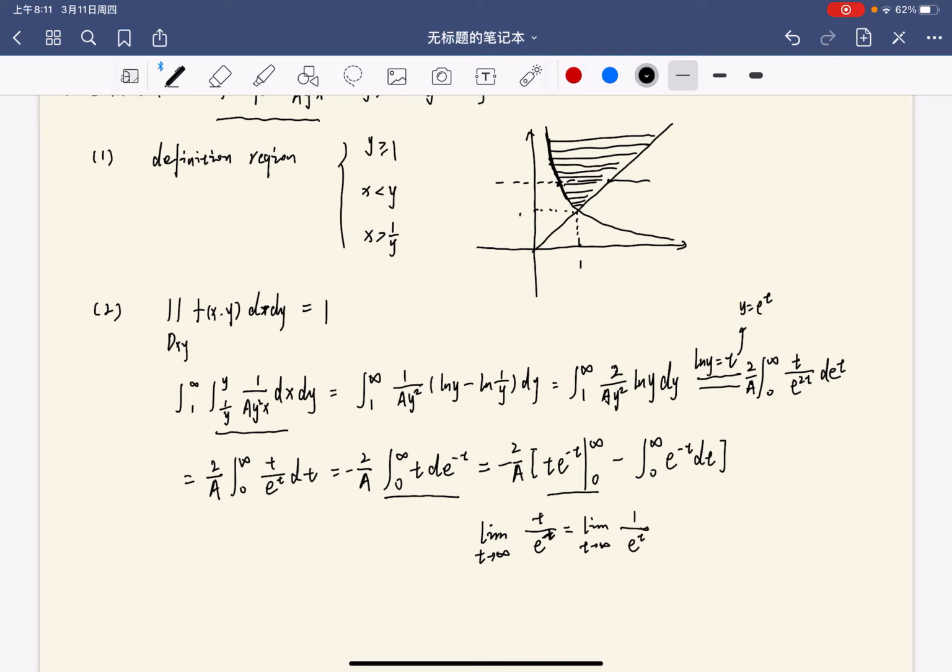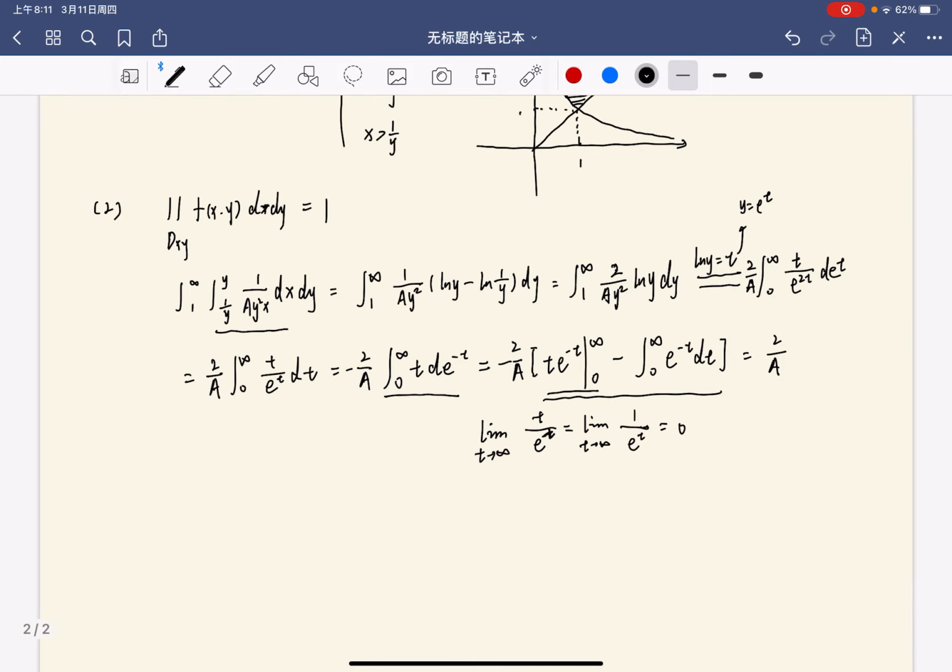In this form, we can find that it equals 0. So this part equals 2 divided by a, and because 2 divided by a is equal to 1, a equals 2.